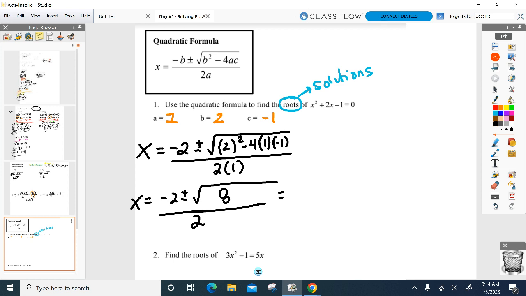Radical 8, break it down. That's why we just spent 5-6 minutes practicing this. Break radical 8 down, just like we did in the last couple problems. Negative 2 plus or minus. If you need to do it off to the side, do it off to the side, but I need you to break radical 8 down for me so I can move on in the problem. I want to leave most of these answers in simplest radical form.